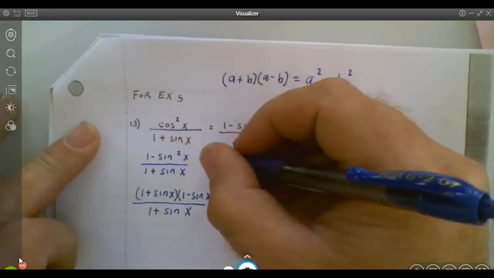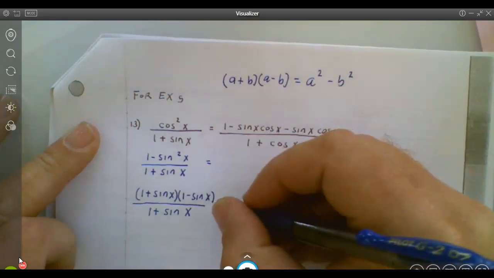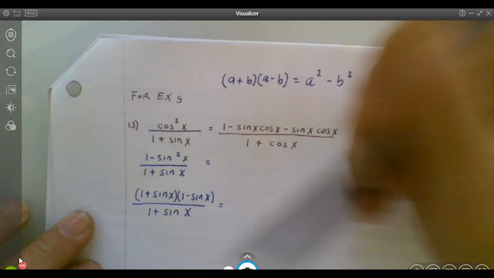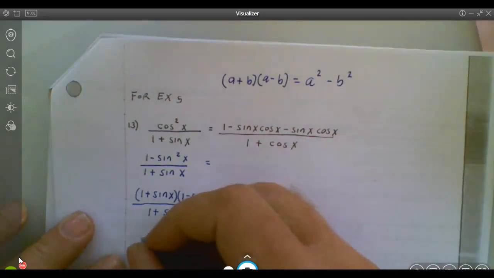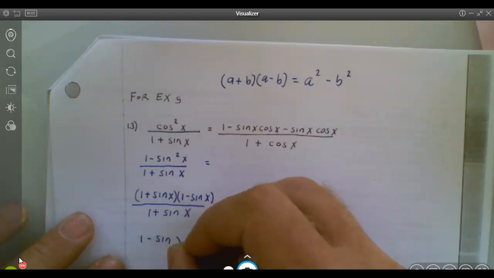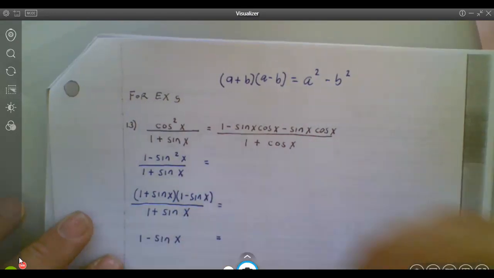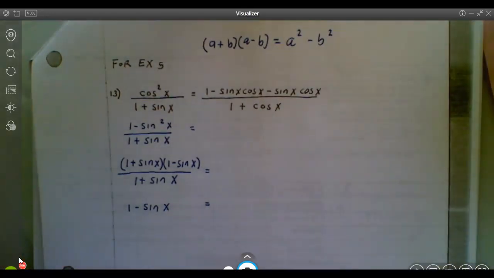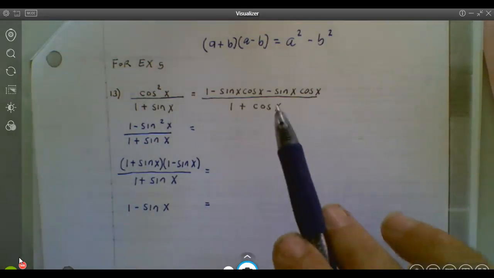Right, and now as I look at that, I'm seeing some factors here that could cancel, and so I'm going to be left with just 1 minus sine of x. All right, but here's the issue, and here comes the trick on this problem: this is now way simpler than this.